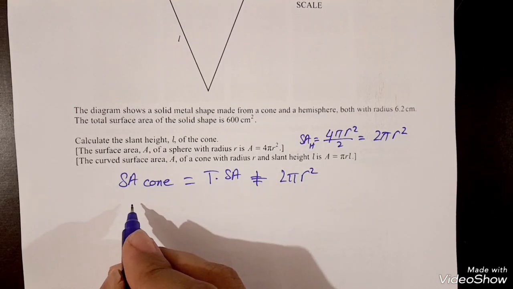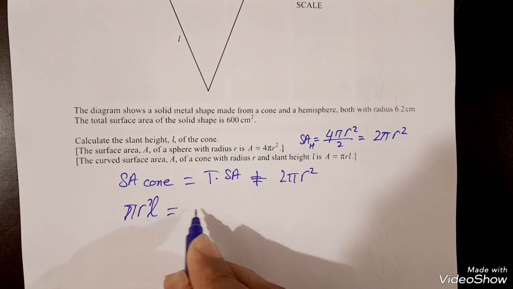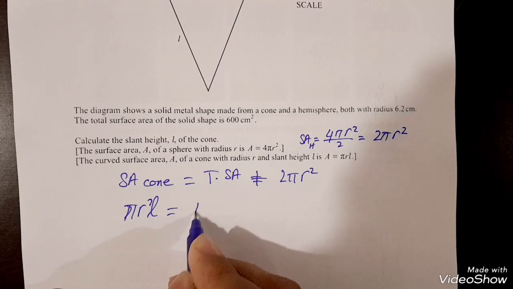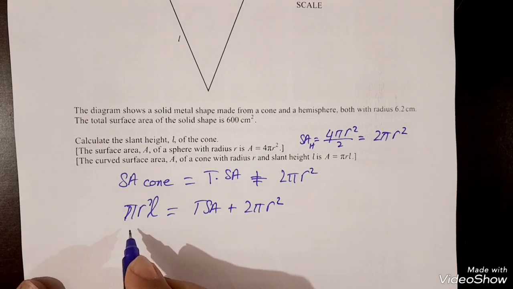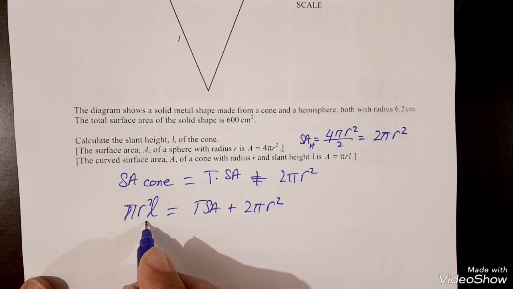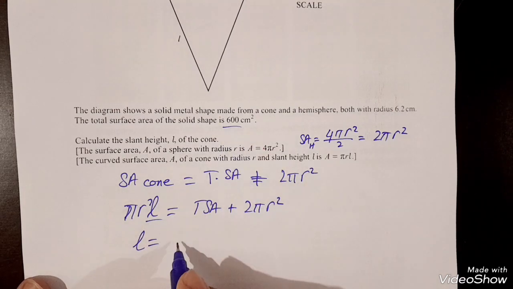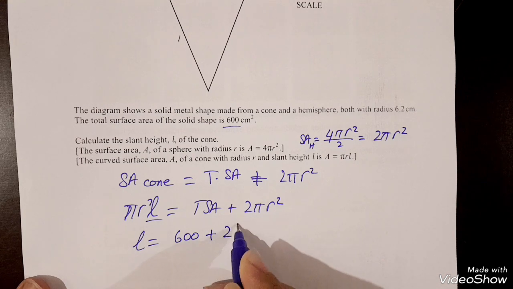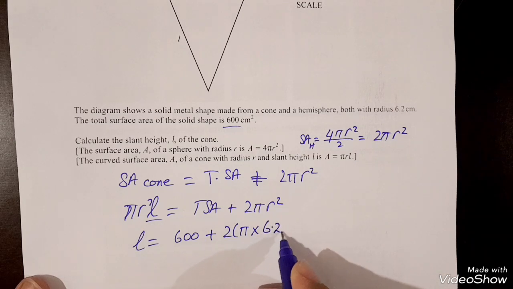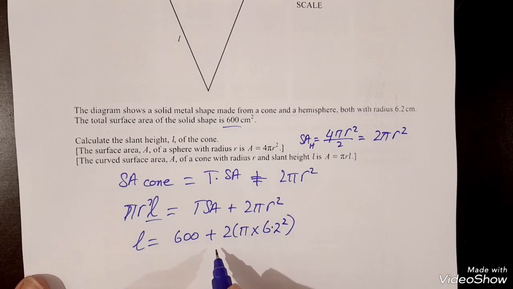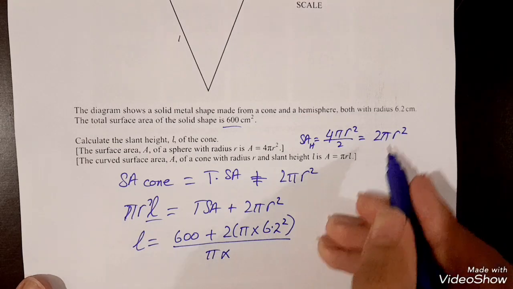Now the formula is pi r L is equal to total surface area minus 2 pi r squared. So over here we will first make L the subject. So L is equal to the total surface area, 600 centimeters squared, 600 plus 2 pi multiplied by the radius 6.2 squared, divided by pi r, which is pi multiplied by the radius 6.2.